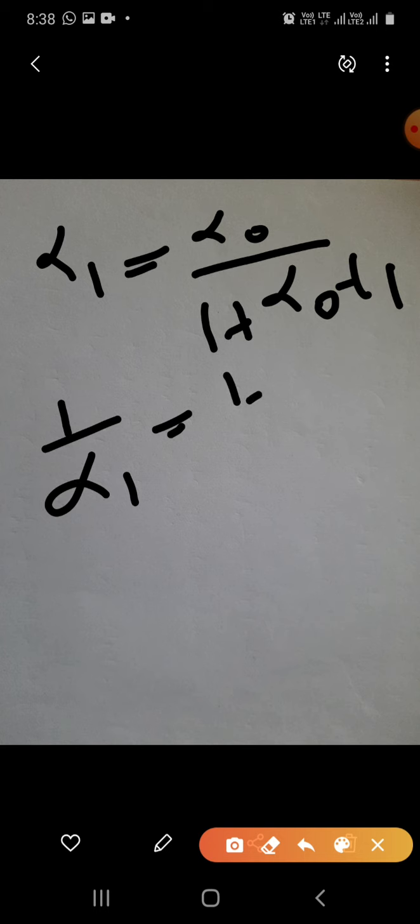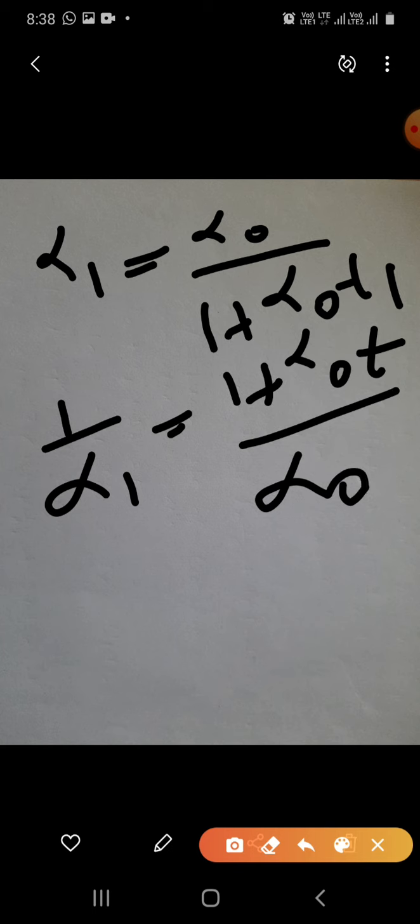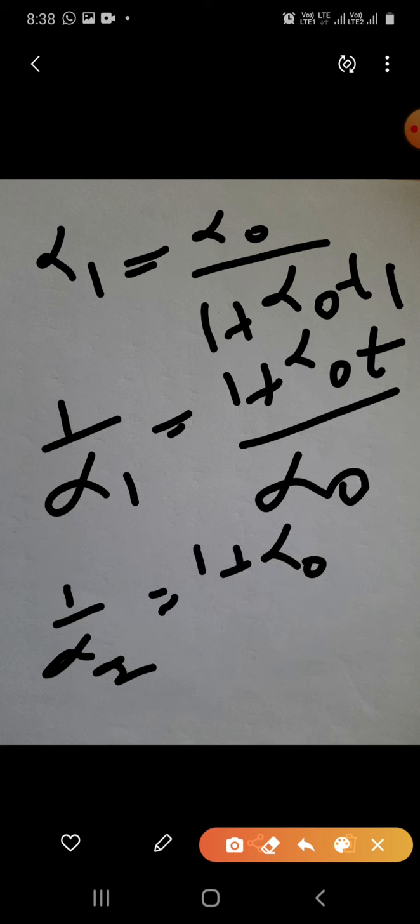1 plus alpha 0 T1, or I can write 1 by alpha 1 is equal to 1 plus alpha 0 T1 divided by alpha 0. Similarly, 1 by alpha 2 will be 1 plus alpha 0 T2 divided by alpha 0.